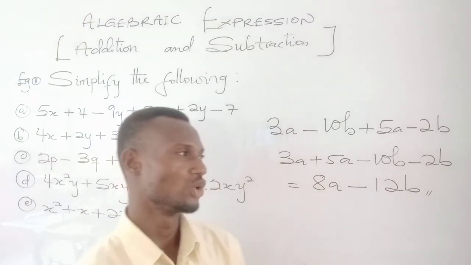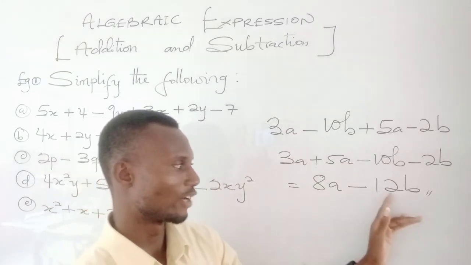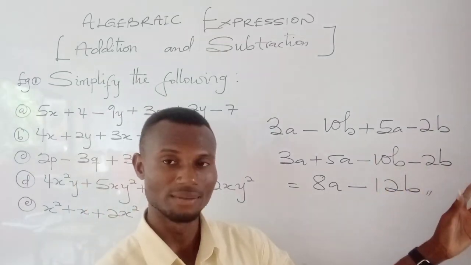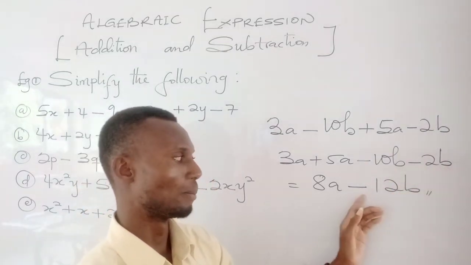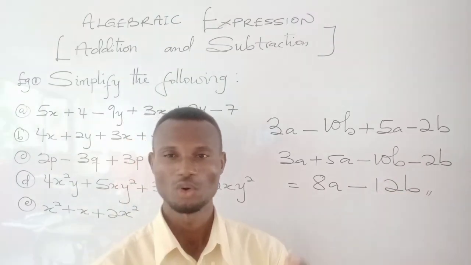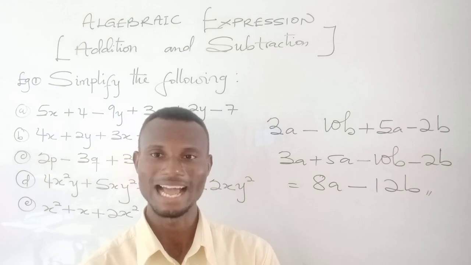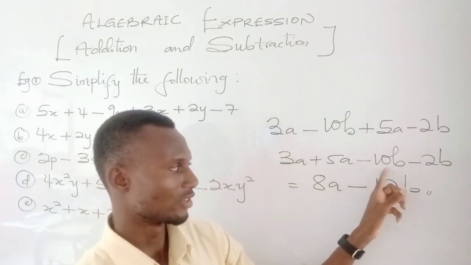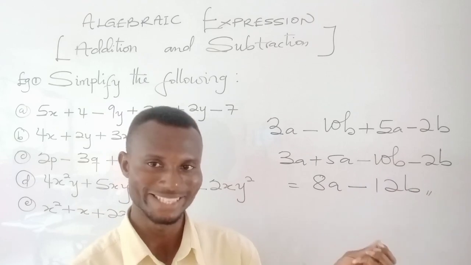Now, in case you are wondering how I got the minus 12B, this is minus 10B minus 2B. How did we end up getting minus 12B? I've explained to you that you consider the negative as the money you are owing. Now I have minus 10B, so I'm owing 10.